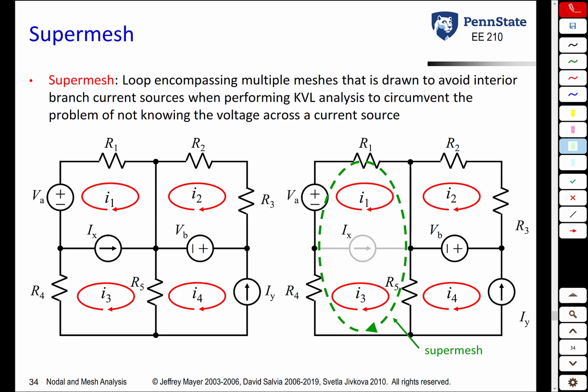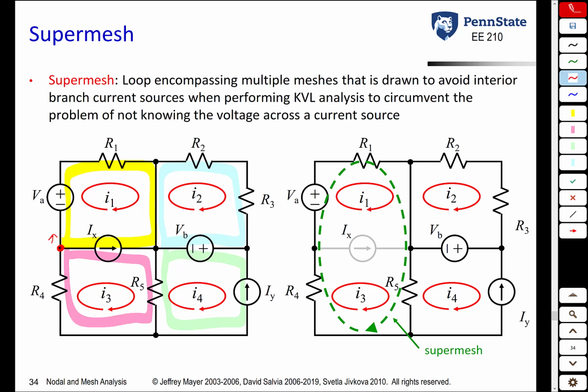You have 4 meshes. A mesh here, second mesh, third mesh, and fourth mesh. So what happens if we try to write a KVL equation for mesh 1? Let's start at this point here and let's go clockwise.